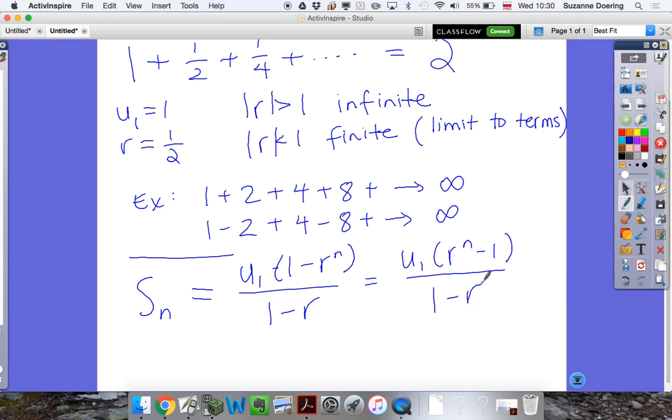I'm going to choose the first one to deal with here. So our infinite sum is really just the limit as we increase the number of terms. I'll call it our infinite sum, is the limit of these finite sums.